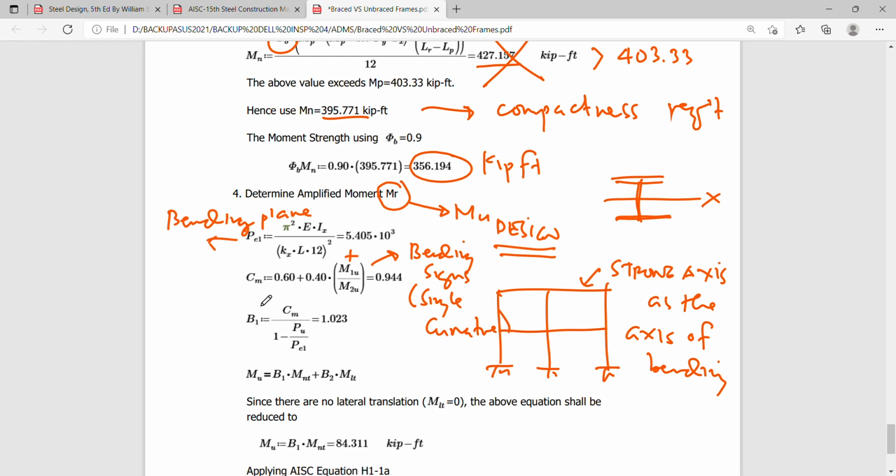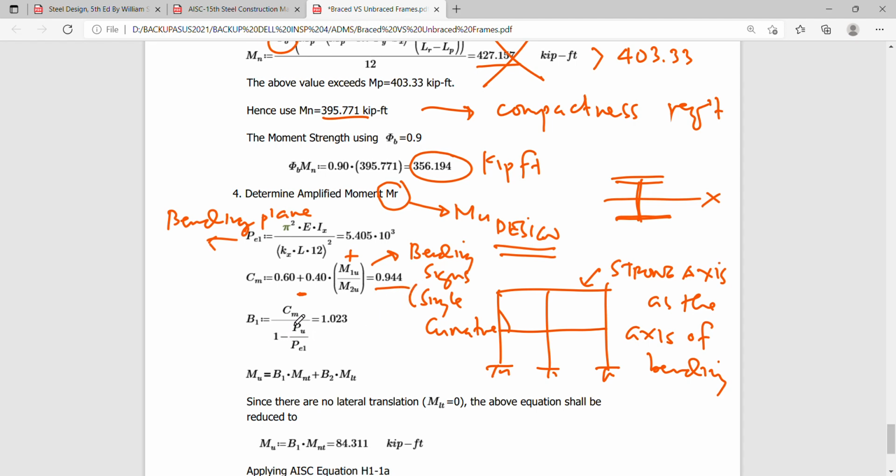If you use the other formula, some books use negative. You use the sign convention on the rotational aspect, not on the bending moment sign. Okay. So it will just give you the same value for your CM, of course. So this is 0.944. Always this must be less than 1 for brace frame.